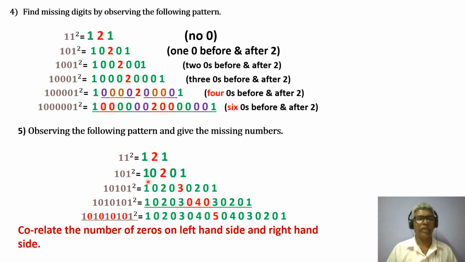And how it is going, we have seen: 1 0 2 0 3 0 4 0 5, then again it goes on decreasing in the same order 0 4 0 3 0 2 0 1. Okay, so correlate the number of zeros on the left hand side and right hand side. Any such pattern you need to study and answer. Generally this is a fill in the blank question. It is very easy and always try to study it and answer it.